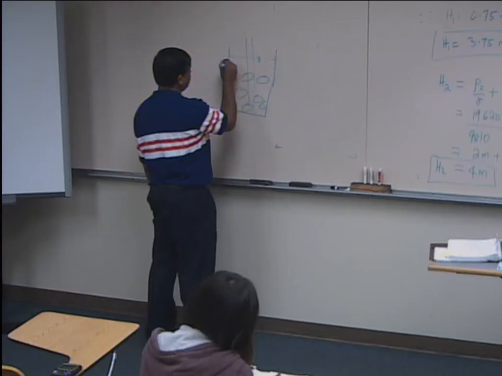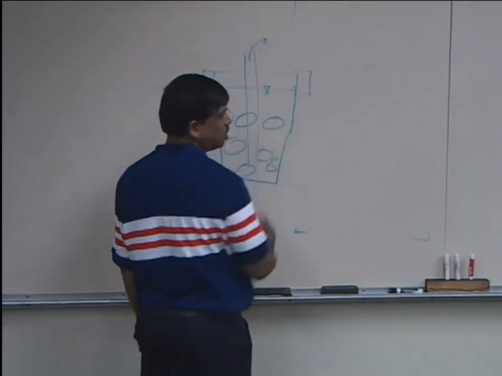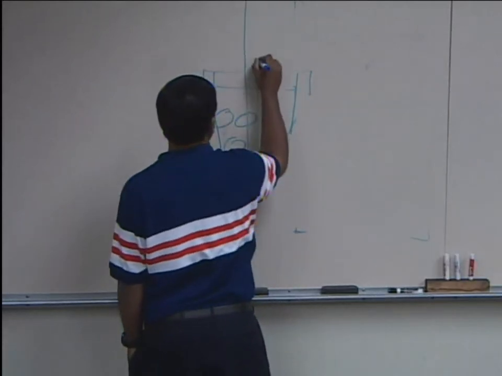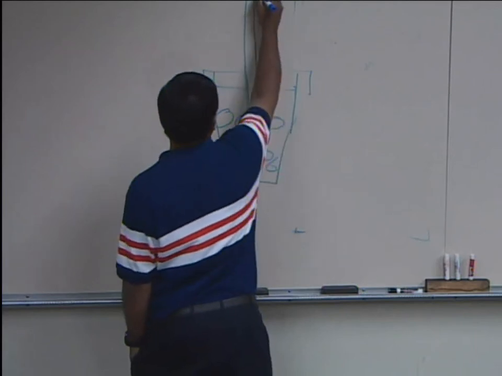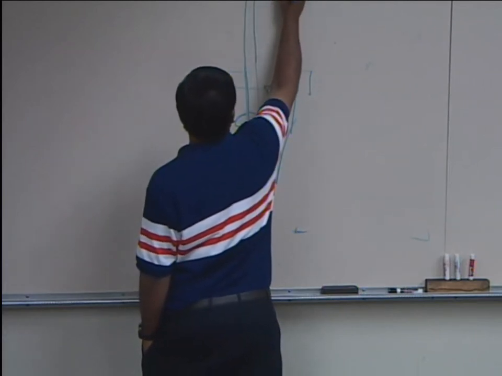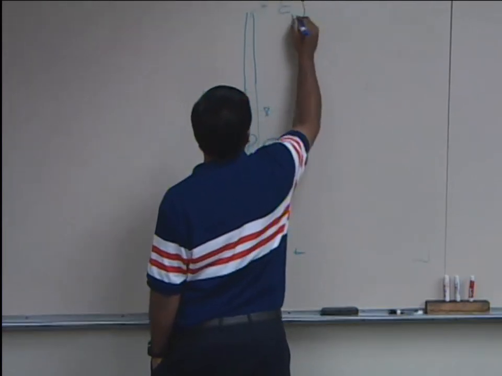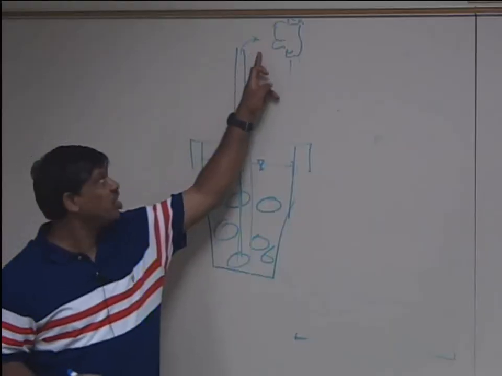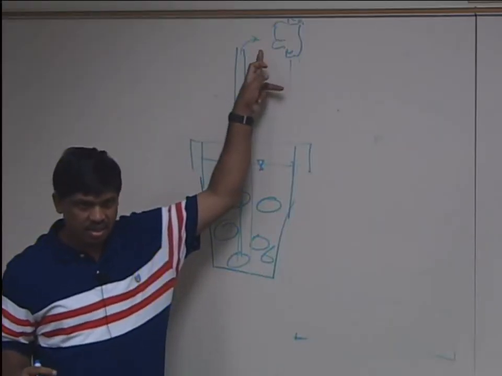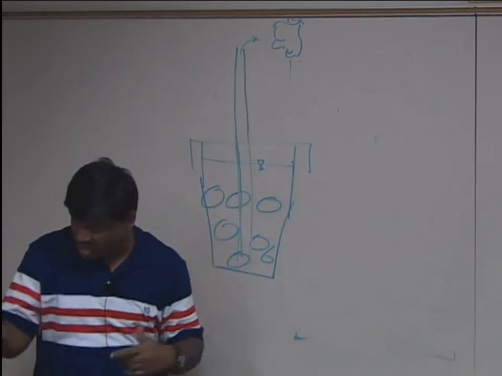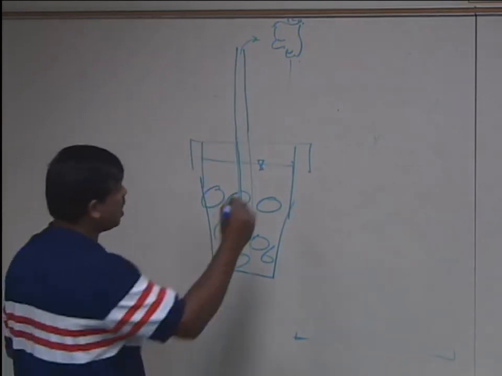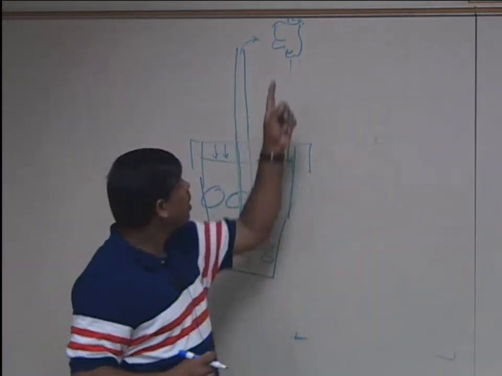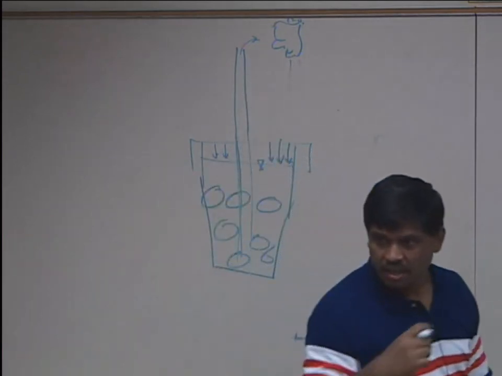And I put a little lid here, and I suck through it. So this is where your mouth is. How are you getting the Coke here? What is the pressure here? Negative, right? With respect to atmospheric pressure it is negative. So the atmosphere is pushing here, and I'm just sucking vacuum really, right?